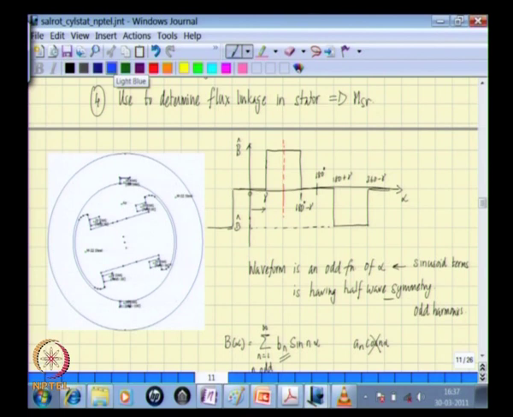Let us say the rotor from this horizontal has moved by a certain angle theta r, in which case this waveform is going to shift. It will shift by an angle theta r and hence look like this.